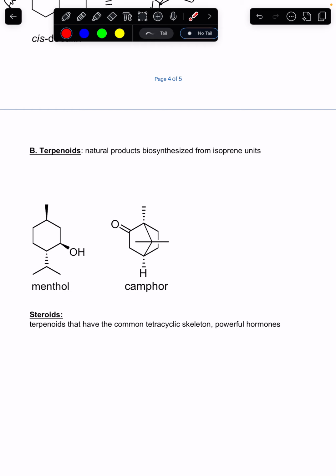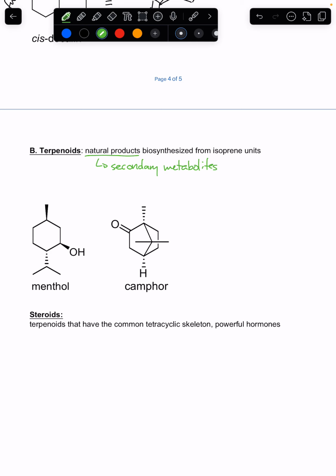That's not a good definition of this term. In fact, the term natural product is a technical term in chemistry, and this means secondary metabolites. One way to define that is secondary metabolites are not primary metabolites. Well, what is a primary metabolite?